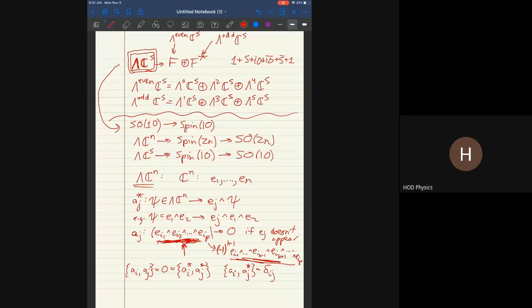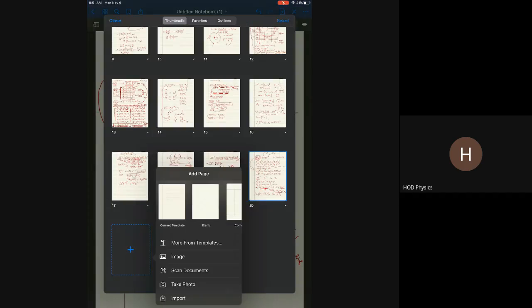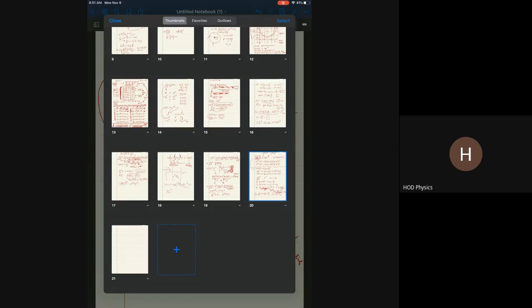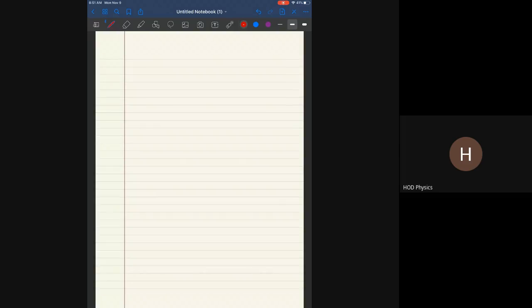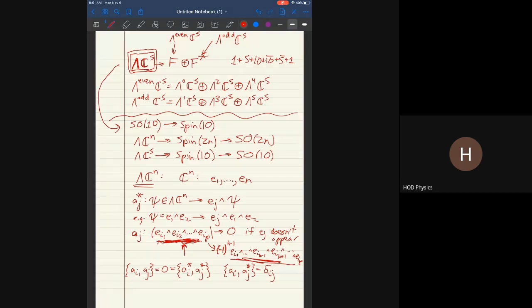And so now we can define, for each integer i from 1 to n, sorry, did I call the dimension of the vector space m or n here? I'm forgetting. n, yes, sorry.